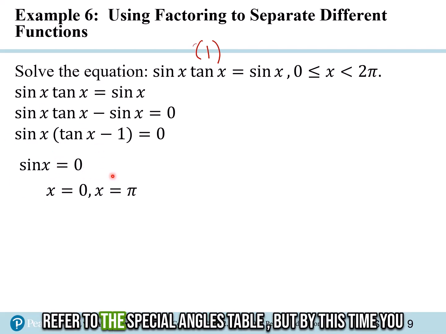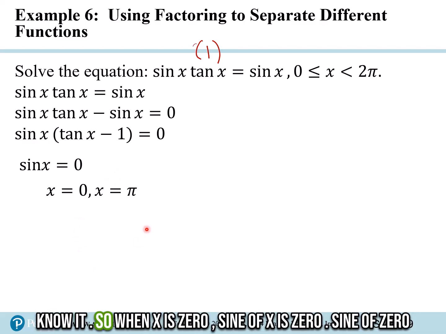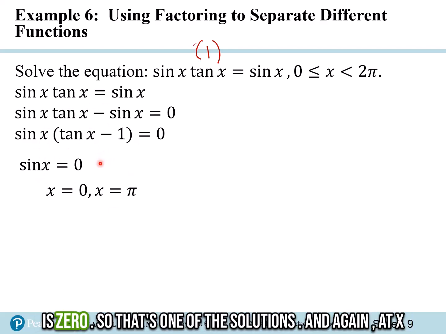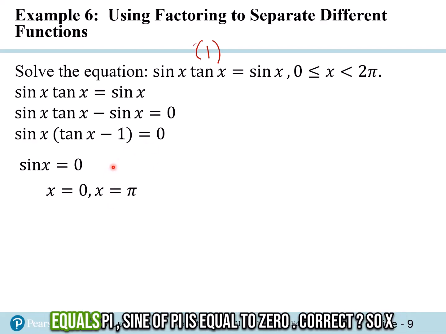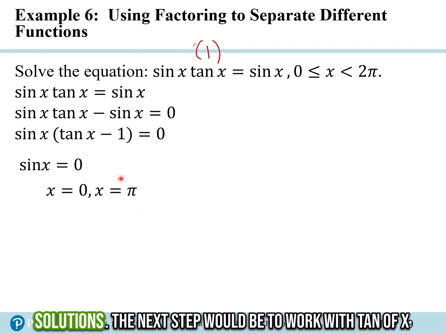Again, you can refer to the special angles table, but by this time you should have it memorized. All right, you should just know it. So when x is 0, sine of x is 0. Sine of 0 is 0. So that's one of the solutions. And again, at x equals pi, sine of pi is equal to 0. Correct? So x equal to 0, x equal to pi would be one set of solutions.